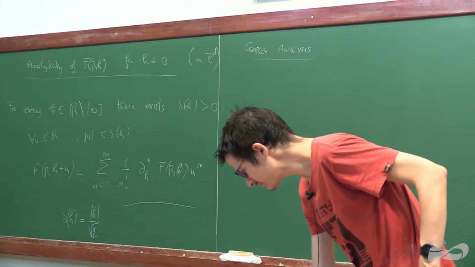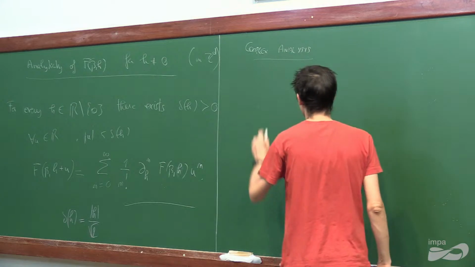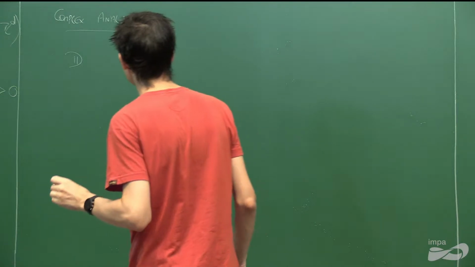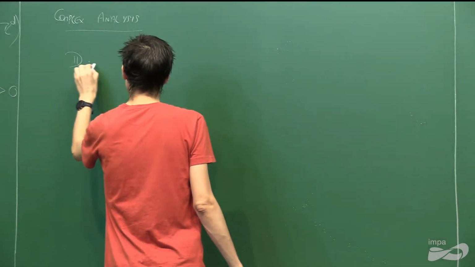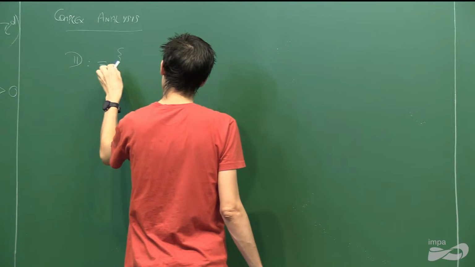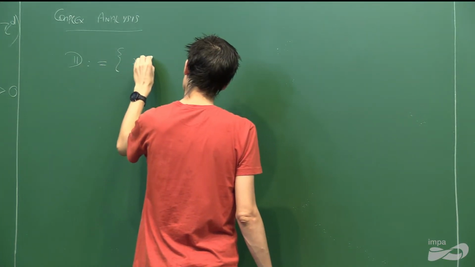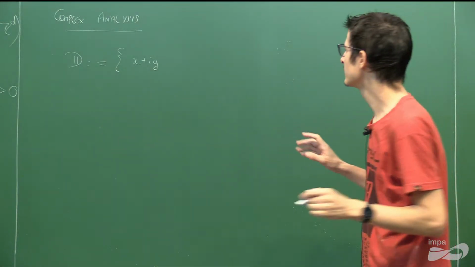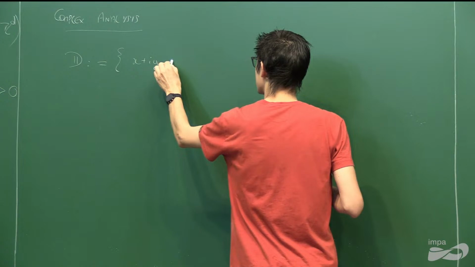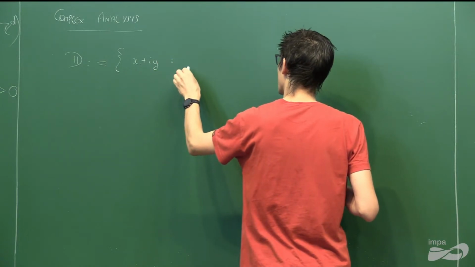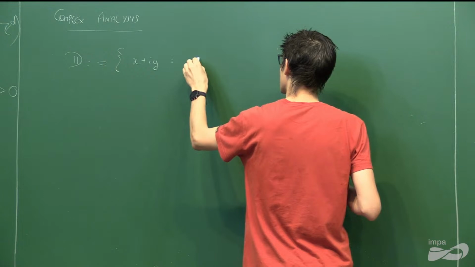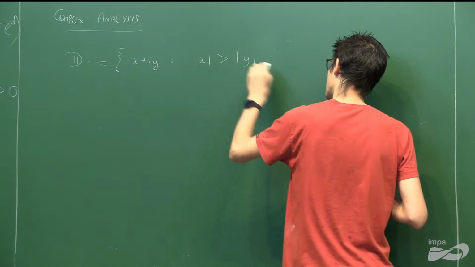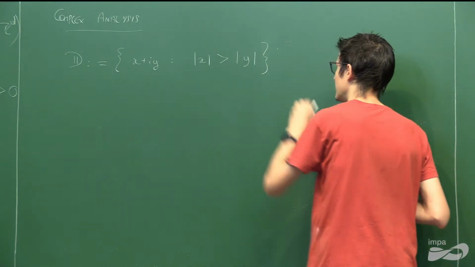So I'm going to define a set D, which is, okay, not exactly a domain, it's a union of two domains. D will be the set of x plus yi, where x and y are implicitly real numbers. So it's a set of complex numbers for which the real part is larger than the imaginary part in absolute value.